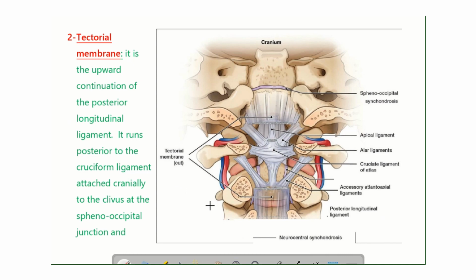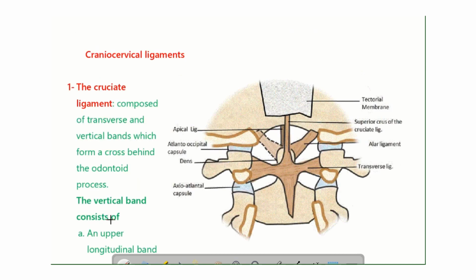What are the ligaments which connect the cranium or the skull with the upper cervical vertebrae? These ligaments are, first, the cruciate ligament. It is cruciate, cross-shaped, and consists of upper longitudinal and lower longitudinal bands and the transverse band.